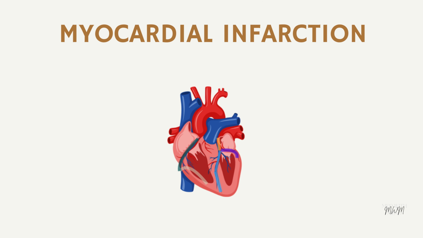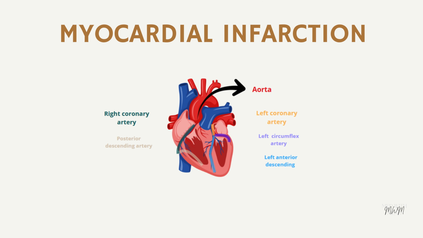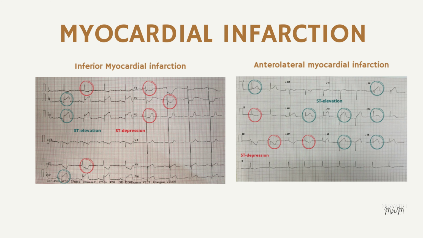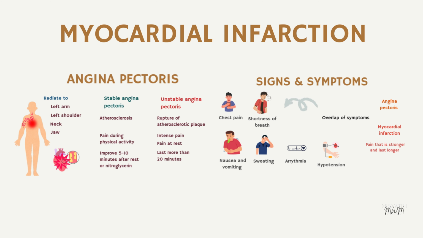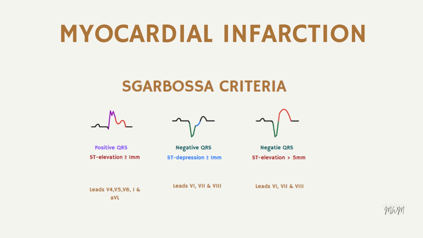So far, we have covered coronary anatomy, ECG changes, the evolution of myocardial infarction, symptoms, troponin-based diagnosis, and even the Sgarbossa criteria for detecting MI in left bundle branch block.